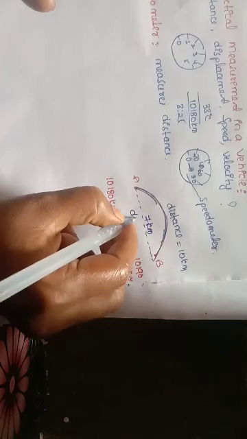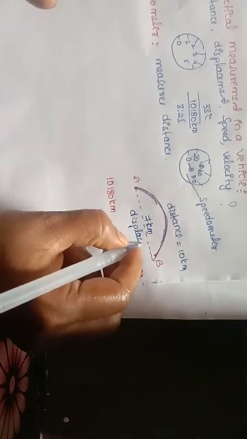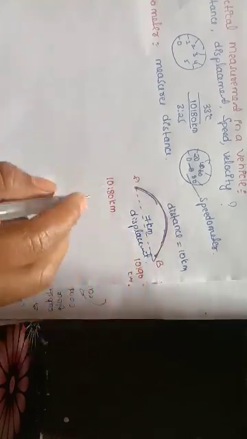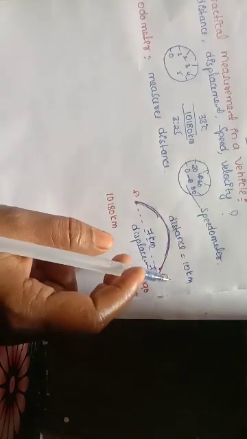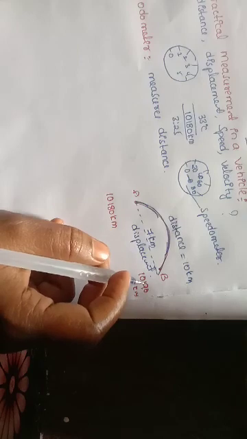This is the displacement. By using maps we find the displacement, and by using the odometer you will find the distance. In this case distance is 10 kilometers and displacement is 7 kilometers. Displacement is always the shortest distance, that's why it is always less than the distance.